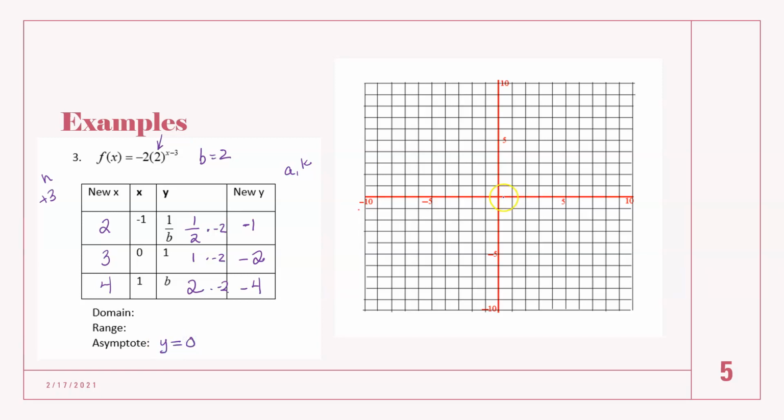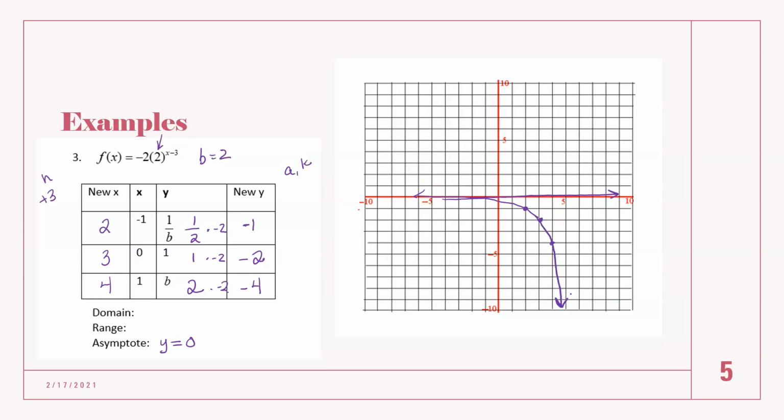Okay, so let's plot 2, -1. Let's plot 3, -2. And then the last one is 4, -4. So our asymptote is 0. So going to get as close as we can to that.